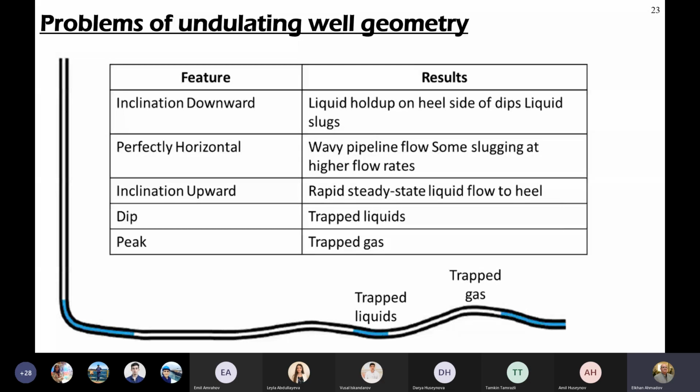And from that we come to the point that geological steering is very important.